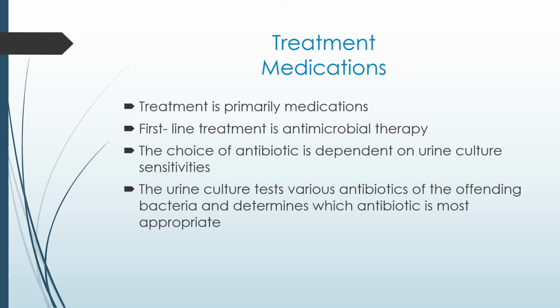We're going to have it there within 1 hour so that the results will be accurate. And then the lab technician is going to do the culture and sensitivity. They're going to expose it to all of these different antibiotics so we can see what is going to kill the bacteria. So the urine culture tests various antibiotics against the offending bacteria, and then will determine which antibiotic is most appropriate.